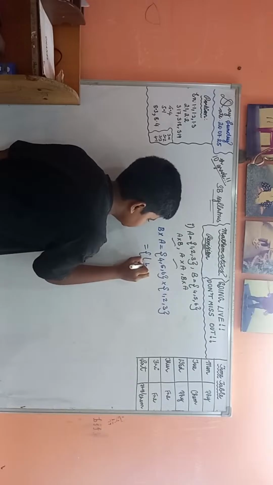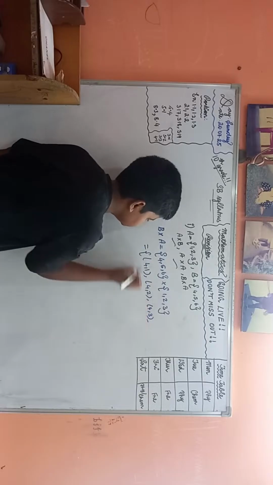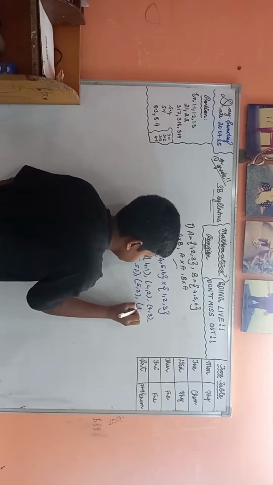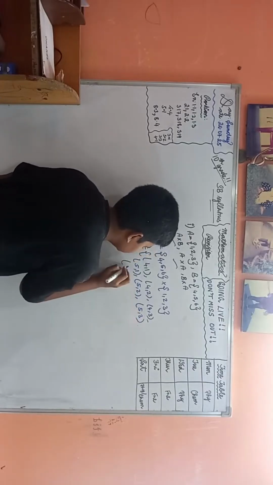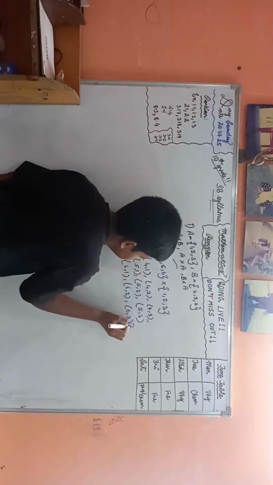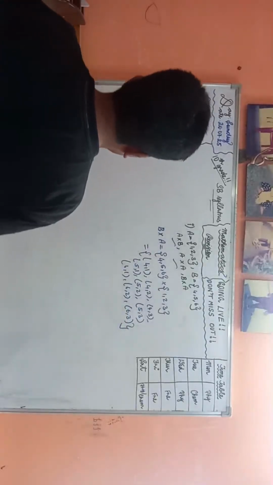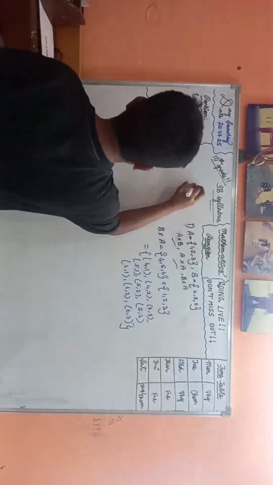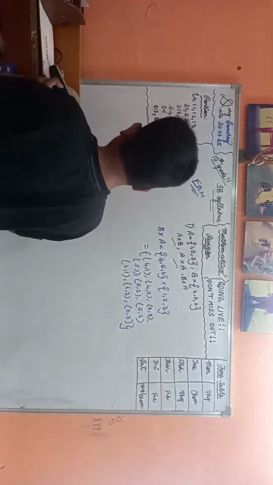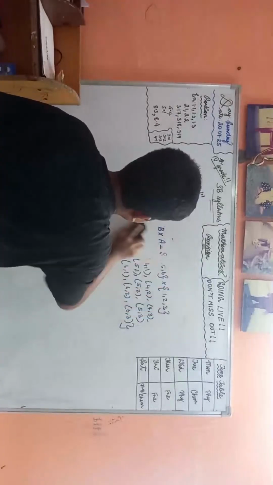Simple. 4, 1, 4, 2, 4, 3; 5, 1, 5, 2, 5, 3; 6, 1, 6, 2, 6, 3. So this is the core concept of exercise 1.1. It's pretty simple if you understand it, because if you don't understand, then you're done for.